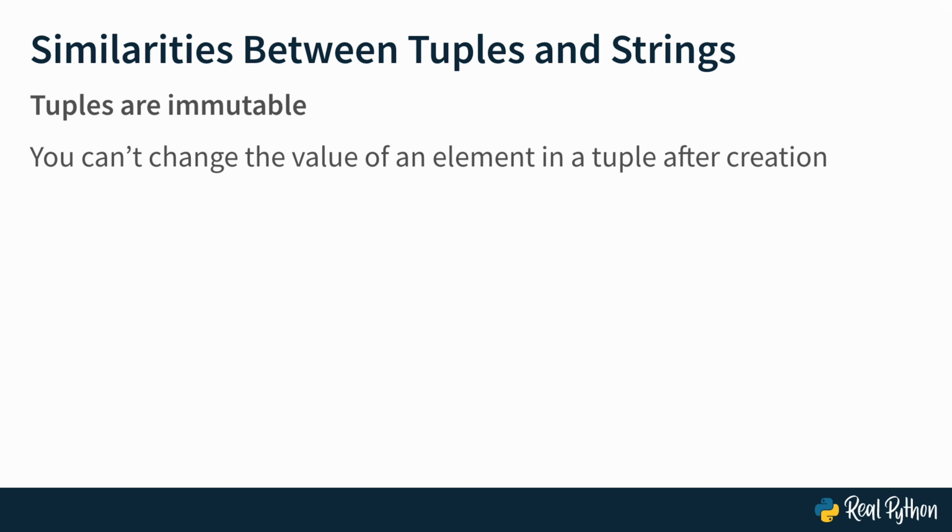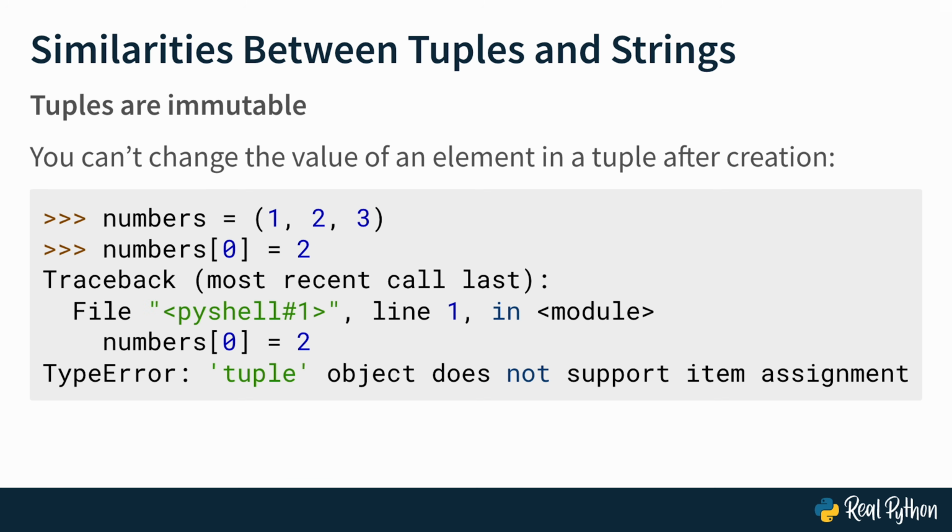Another thing that they have in common with strings is that tuples are immutable, which means that you can't change the value of an element in a tuple after creating it, just like you can't change a single character in a string once you've created the string. So if you tried to do an item assignment, for example, here we have the numbers tuple and you're attempting to replace the first element with the integer 2, then you get an error because this just doesn't work.